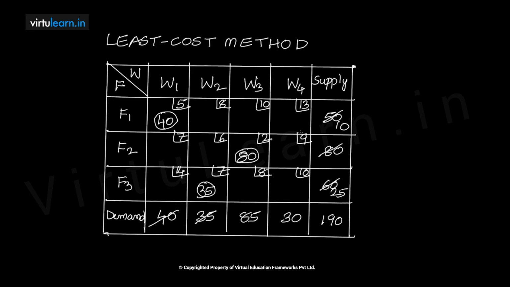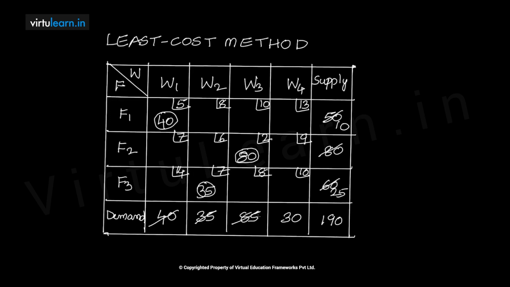Now the cells available are F1 W3 and F1 W4, again F3 W3 and F3 W4. In this the lowest cost is 8 rupees. So here we'll make allocation of as many units as possible. In this column the requirement was 85 units.